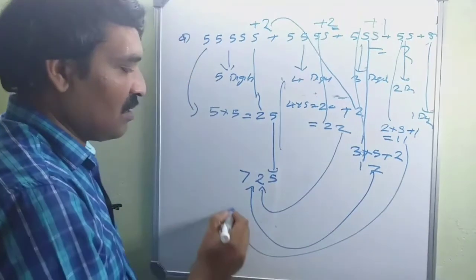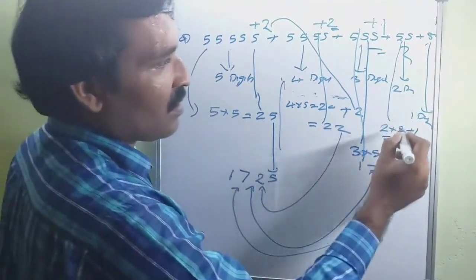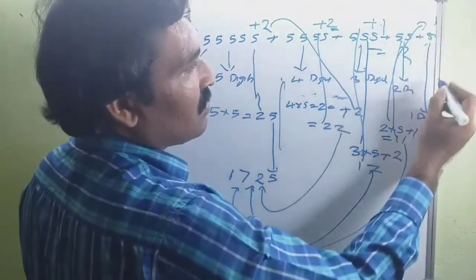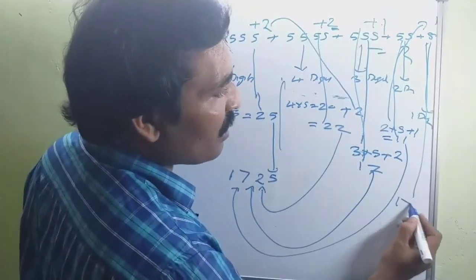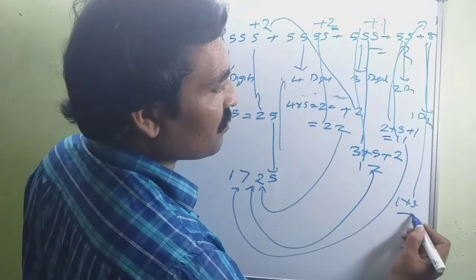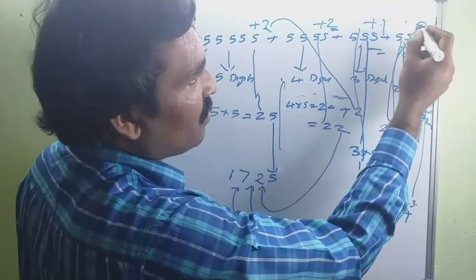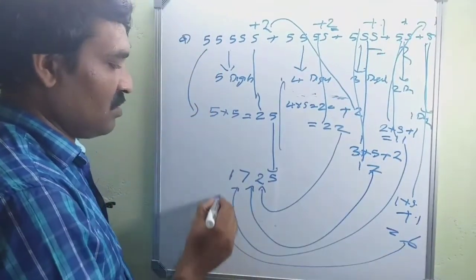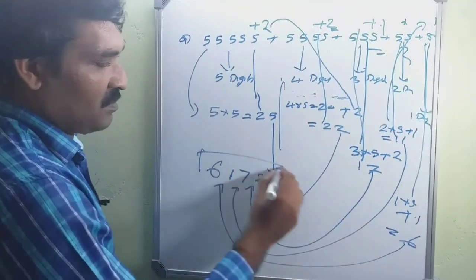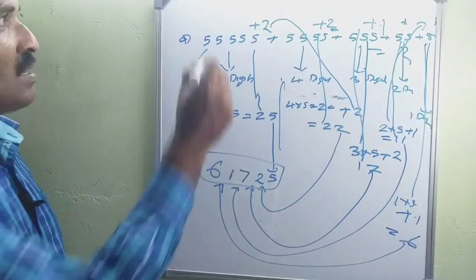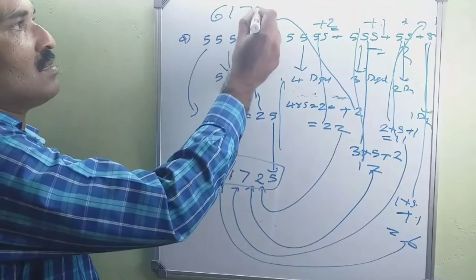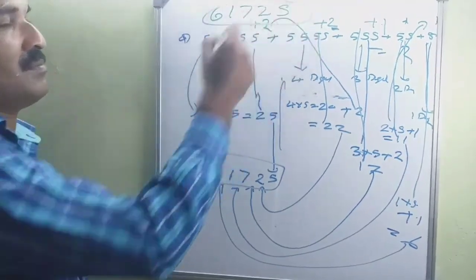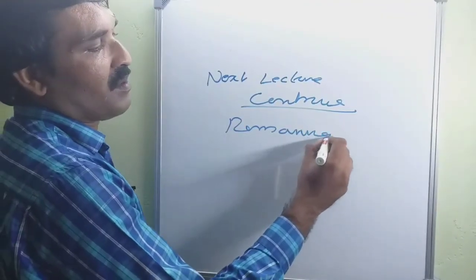This 1 comes here and this 1 goes here. Now this is equal to 1 into 5 plus this 1, that is equal to 6. This 6 goes here. The answer is 61725.